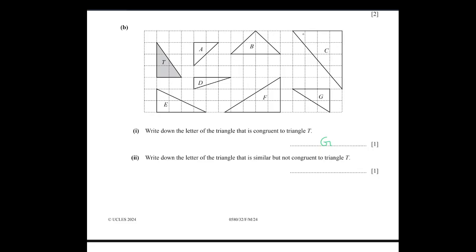Then we'll see this one. 1, 2, 3, 4 and 1, 2, 3, 4, 5. 4 sides are covered and 5. 4 is to 5. So this is also not similar.